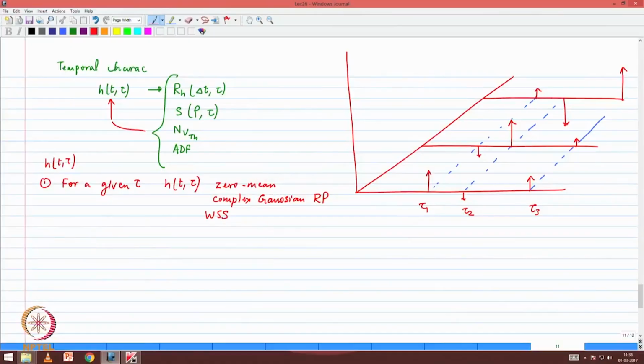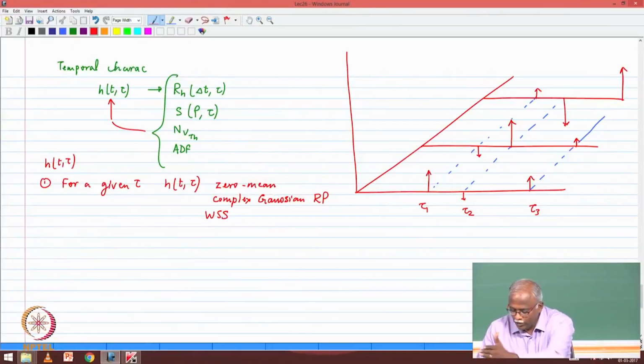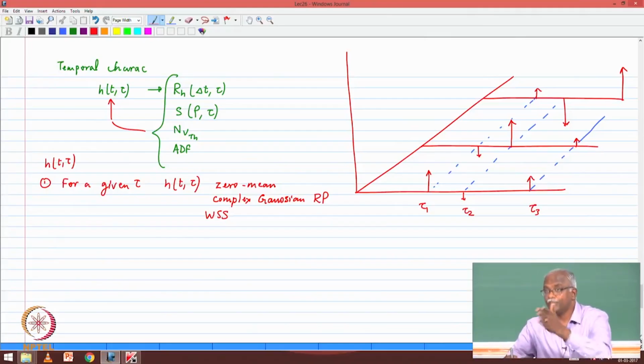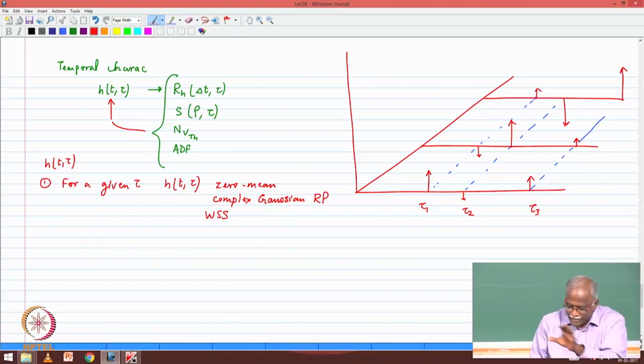However, there is a correlation, so it is wide sense stationary. If I forget the delay part and only look along the time dimension for each of these delays, each of them will look like a random process. So given a tau, h of t comma tau is a zero mean complex Gaussian random process.